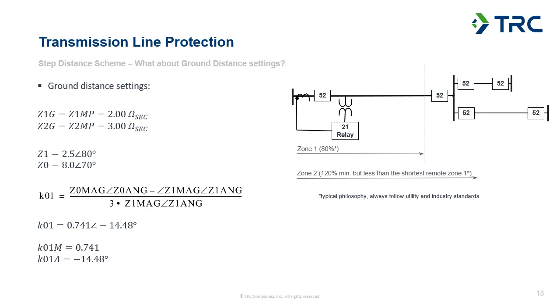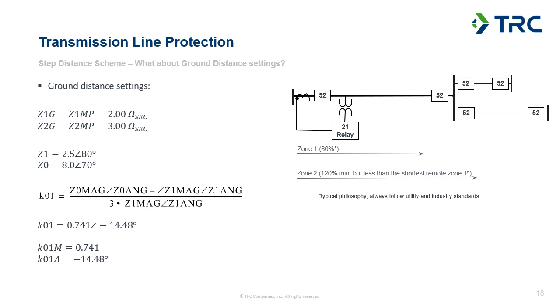So the reaches themselves are pretty straightforward. We're just going to take the zone 1 ground reach and set it equal to the zone 1 phase reach. They're both set to 2 ohms secondary. And we'll do the same with zone 2: set the ground equal to the phase, and that will be equal to 3 ohms secondary. Then we can take our positive sequence and zero sequence impedance values, and this will work with either primary or secondary quantities, since it's a unitless quantity we're calculating here.